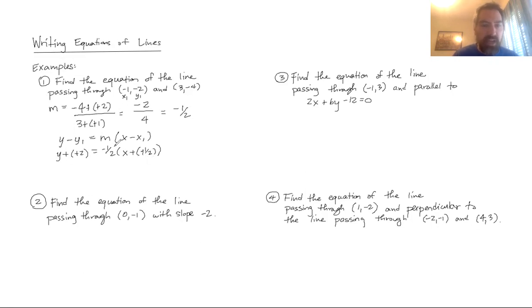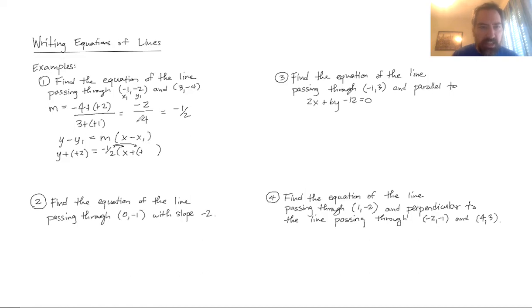So then when I distribute the -1/2, I've got, let's see, what have I done here? y minus a -2 equals -1/2 times x minus, I put a 1/2 here. What should that be? That should have been a -1. Glad you caught me on that one.